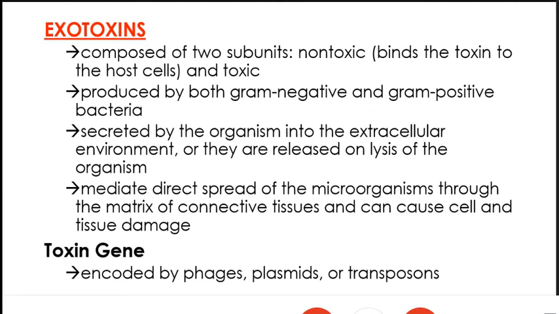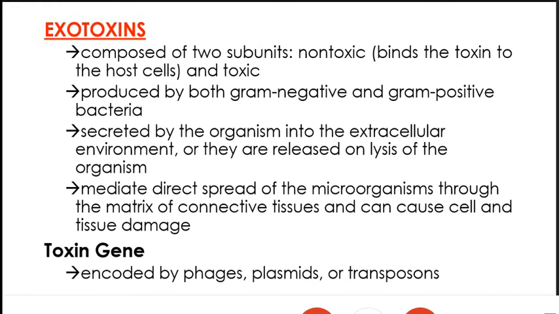When we're talking of exotoxins, these are produced by both gram-negative and gram-positive bacteria and are secreted by the organism into the extracellular environment, or they are released on lysis of the organisms.